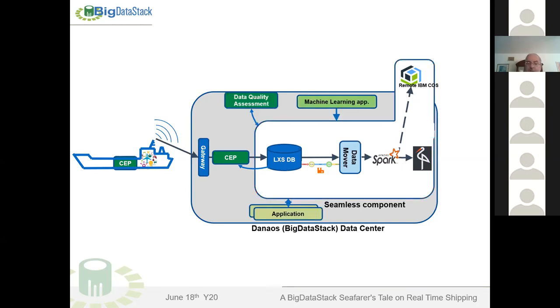Now that we understand the seamless component, we can see that services, instead of a direct connection to the Lean Scale database, may just connect to the seamless component and retrieve data from either the Lean Scale database side or from the object storage.